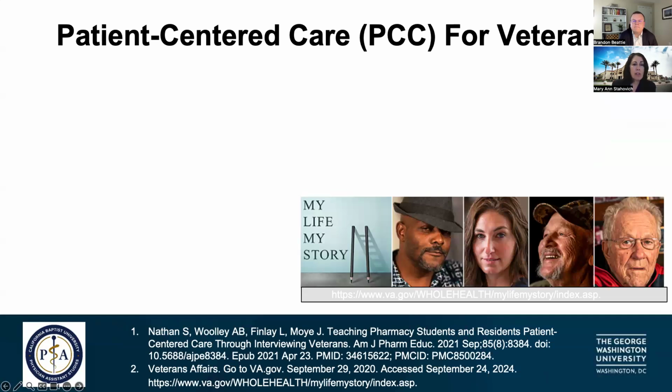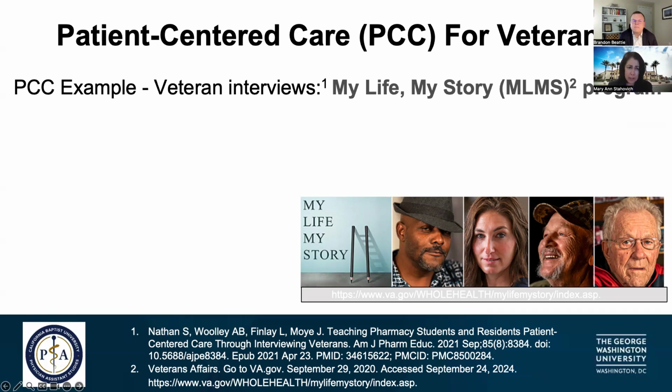And so along those themes, it is interesting to know that there have been some medical schools and also pharmacy programs that have already incorporated this type of patient-centered care for veterans. So since those medical models have already existed, we wanted to share with you a little bit about what medical and pharmacy schools have done on their end to include a patient-centered care approach for veterans.